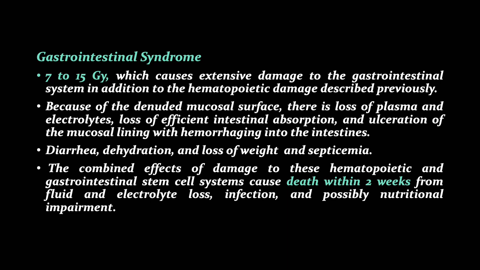Diarrhea, dehydration, loss of weight, and septicemia can result because of the hemorrhaging and the ulceration. These combined effects, along with the hematopoietic syndrome that resulted, can cause death within 2 weeks if fluid and electrolyte loss is not replenished, if the infection is persistent, or if septicemia presents too early. Because of nutritional impairment, death can occur.